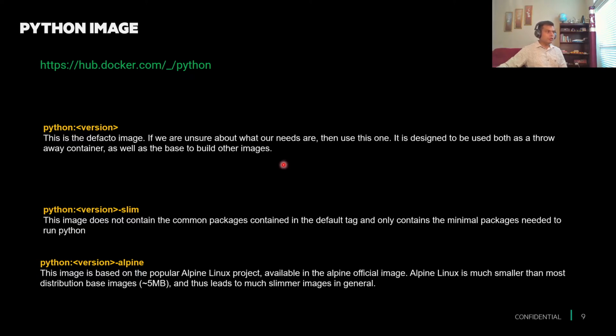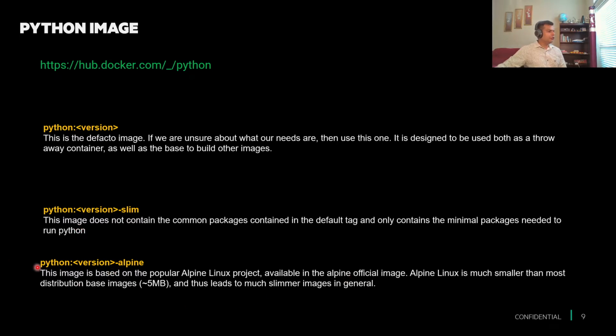If we are not sure which Python image to start with, we should be just saying Python and the version. There is another one, Python version and slim. This could be the slimmest Python image. But remember, it doesn't come with the default package installation. It comes with just Python and required packages with the Python.